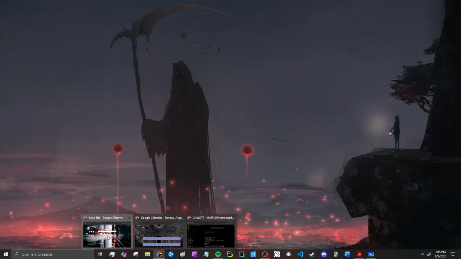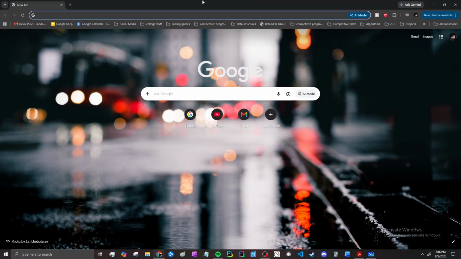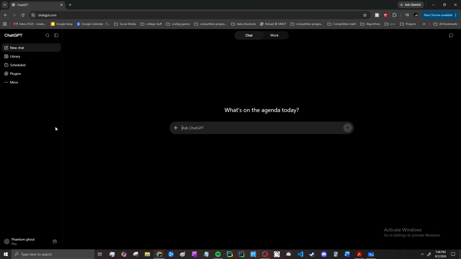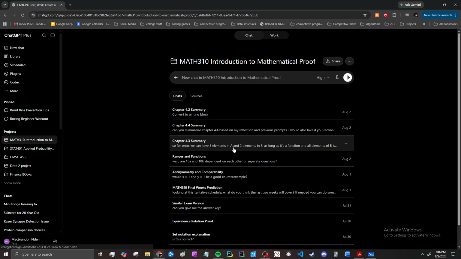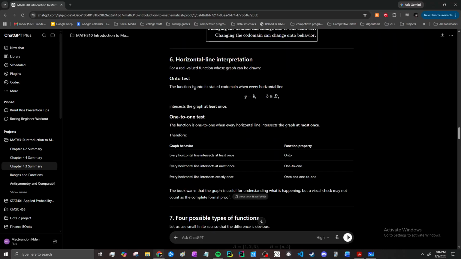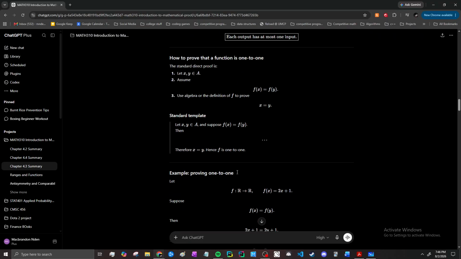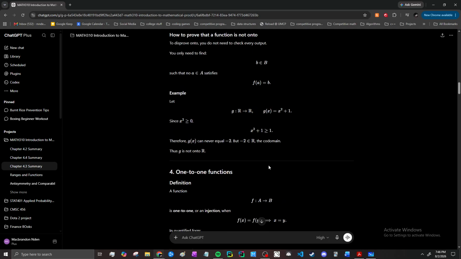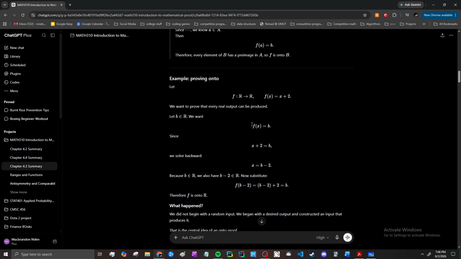I don't know how to prove it, so I will just go back to my summary, which I think did explain how to do it. So remember, f(x) equals b.